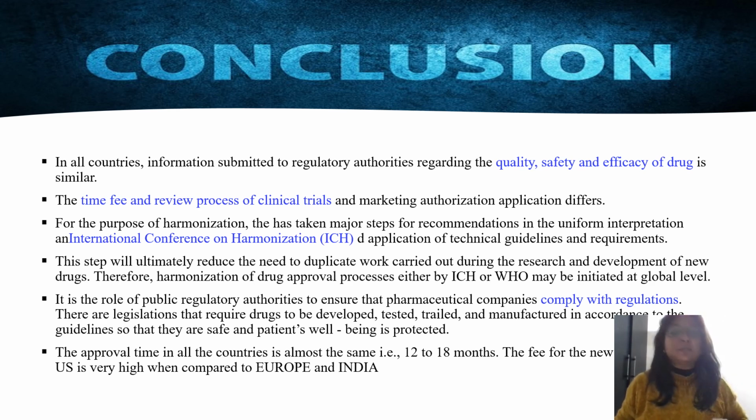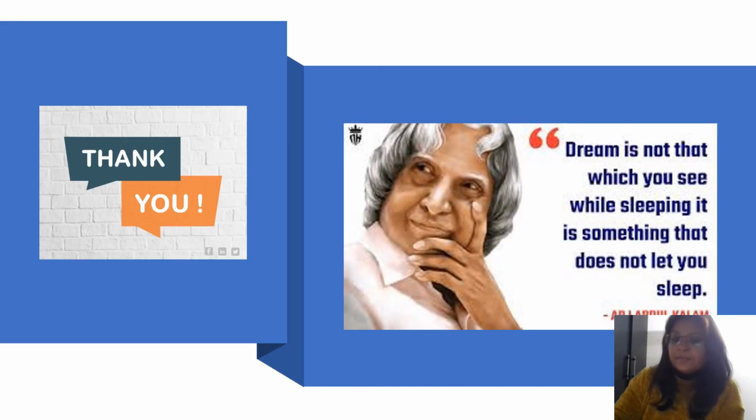Apart from that, GLP and GMP requirements are also taken care of so that ultimately you can have safe and protected medicines. The approval time in most countries lies within the range of 12 to 18 months. The fees for new drug approval in the US are very high compared to Europe and India.